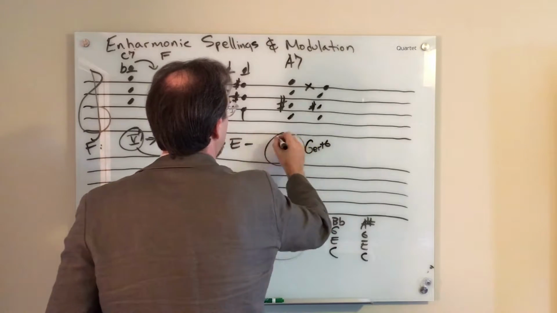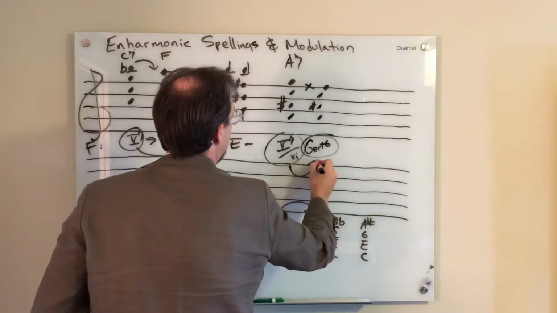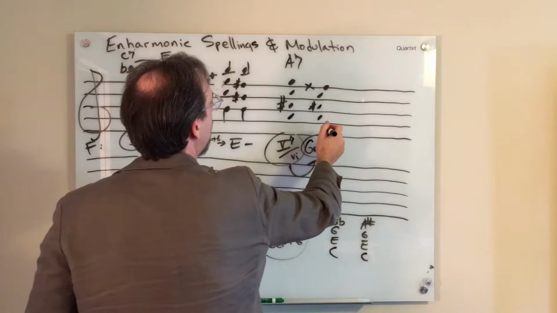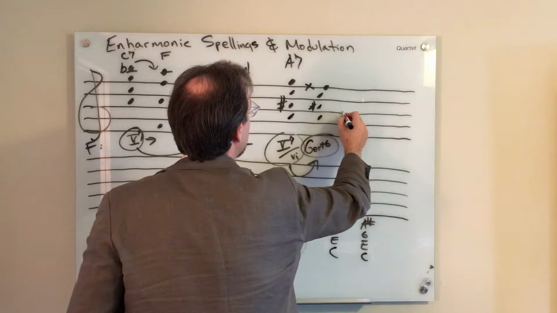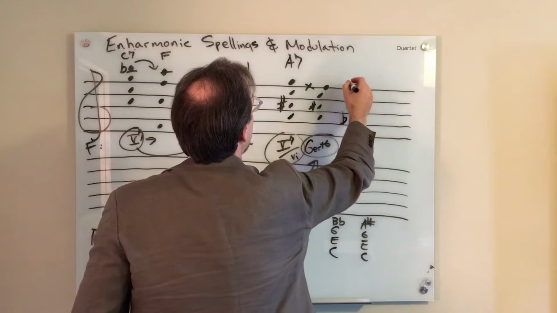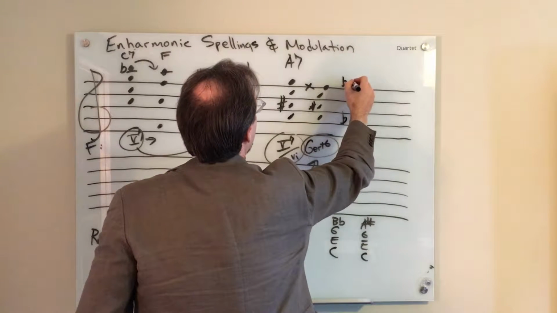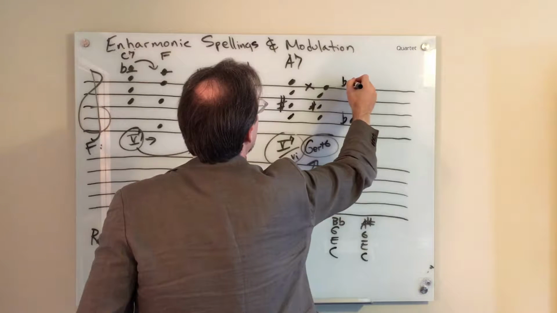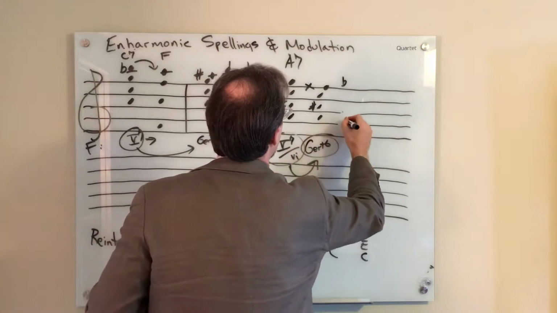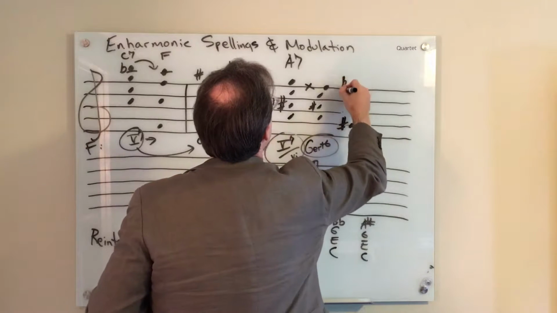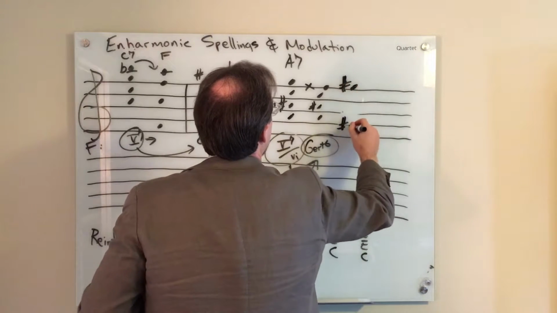The 5/7 of 6 has become a German augmented 6. We then know that we're going to be resolving things down. So, not A flat, G sharp, right? So we're going to go down to G sharp and a G sharp, right?